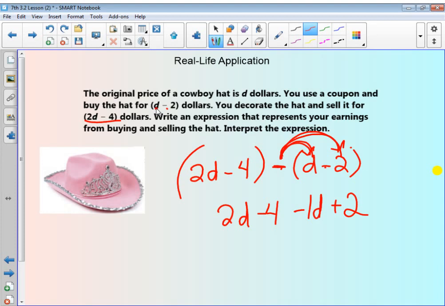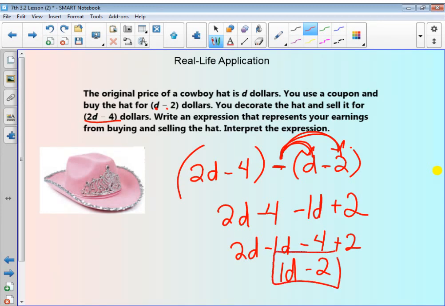All right, now let's do our 2D minus 1D. So I'm going to reorganize. And then I had a negative 4 and a positive 2. So I end up with 1D minus 2. Okay, so that's our new equation. Now, if I knew how much I paid for it, which was what D was, or what the original price was, then I could figure out how much money I actually made.